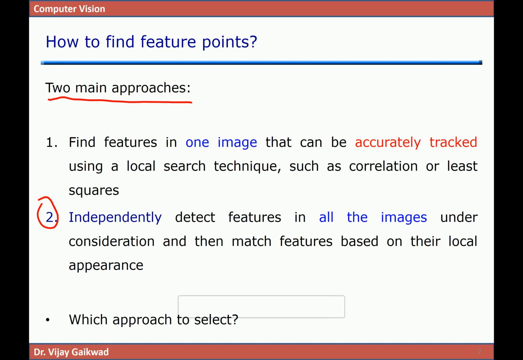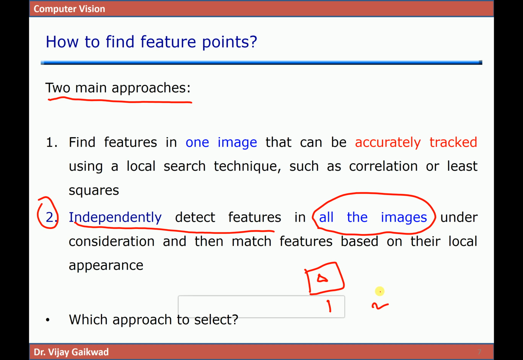The second approach is that independently you detect the features in all the images under consideration, and then you match the features based on their local appearance. Say, for example, I have image number 1, and I am finding whether I can find my object of interest. Then I have a second image, and I am finding my object with my feature library in the second image.